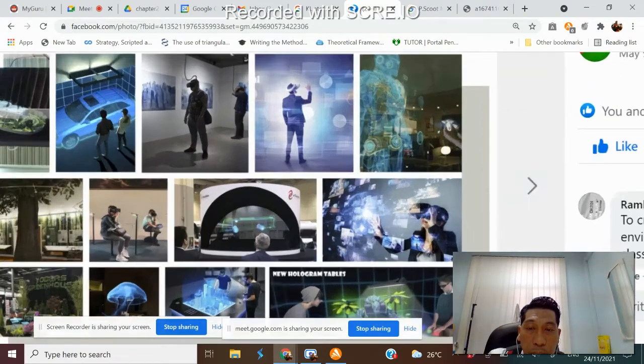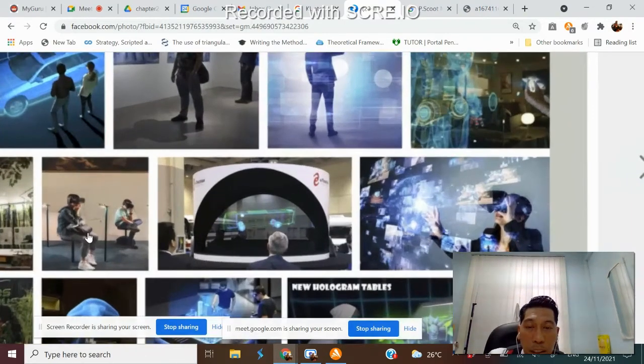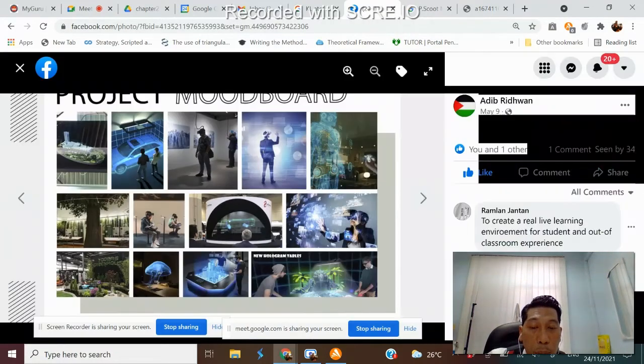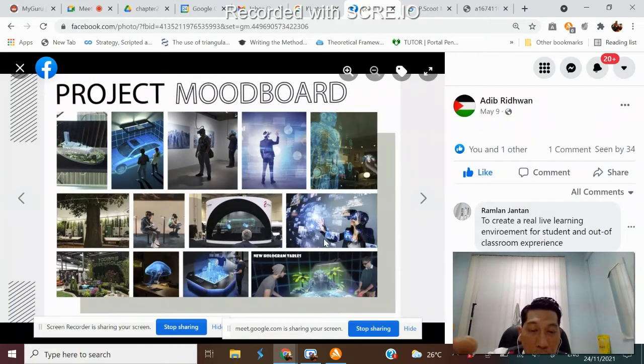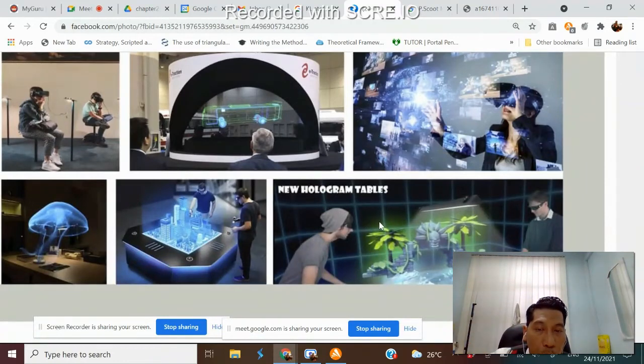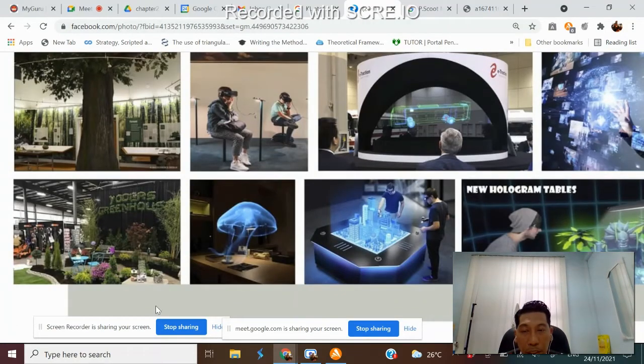I'm quite interested in the mood board of how the classroom one day could be something like this. Doesn't have to be like a normal four wall classroom, and the explanations of stuff could be in the form of hologram tables like this one, and the presentation can be something like this.